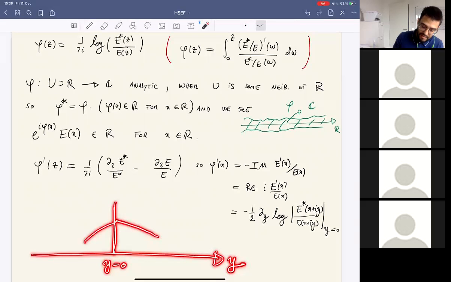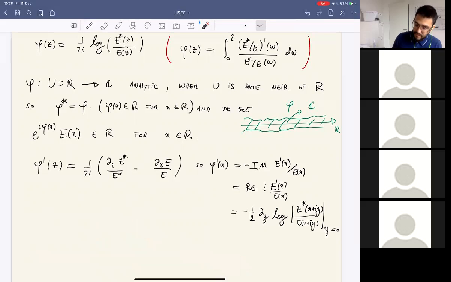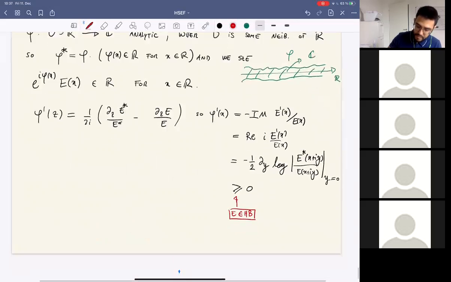It means that the derivative here has to be positive. So when you take E* over E, this derivative has to be negative. So this thing here is greater or equal than 0 just by the fact that E is a Hermite-Biehler function.